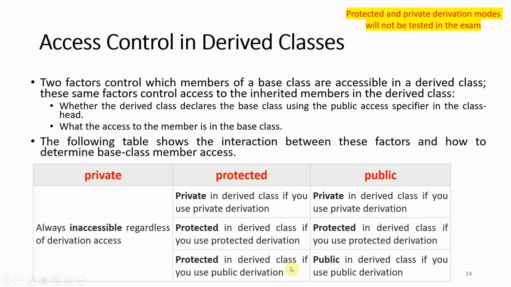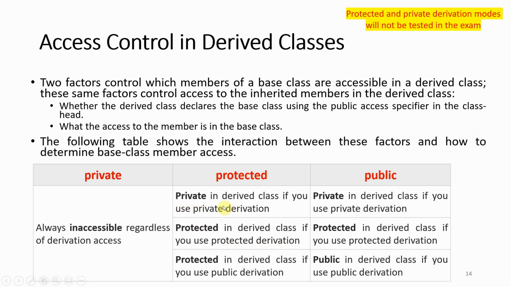If the derivation is done using public derivation and the member variables or member functions are protected, they're going to be also protected in the derived class. If the derivation access is protected, protected and protected are the same, so everything is also going to stay protected in the derived class.